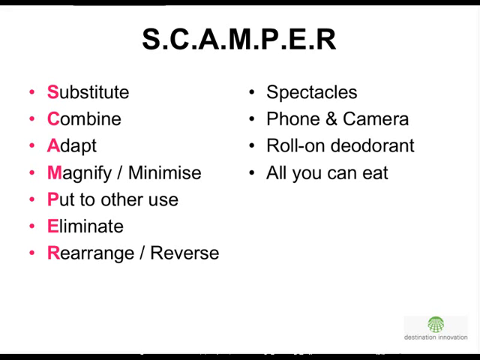Put to other use is where you say, what entirely different application could I find for my product or service? And the story I like to give here is of De Beers. And De Beers in South Africa was a mining company that mined diamonds and sold them for industrial purposes. They were used in drill bits because a diamond is the hardest substance known to man.